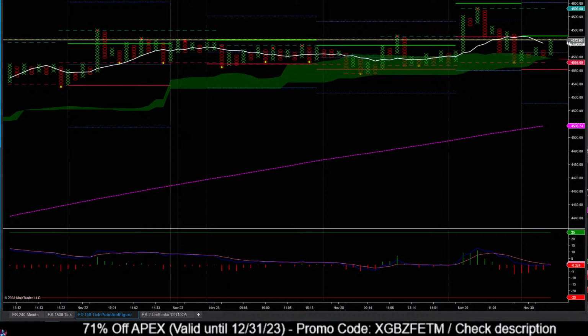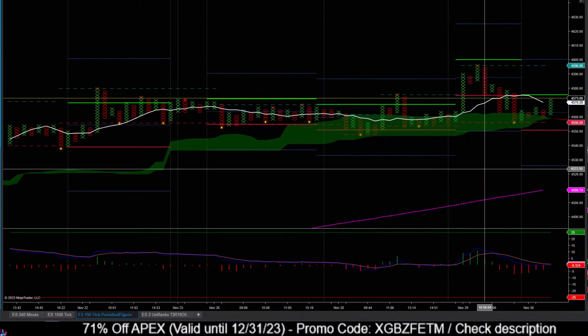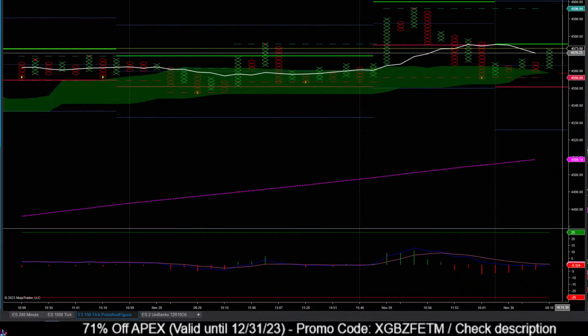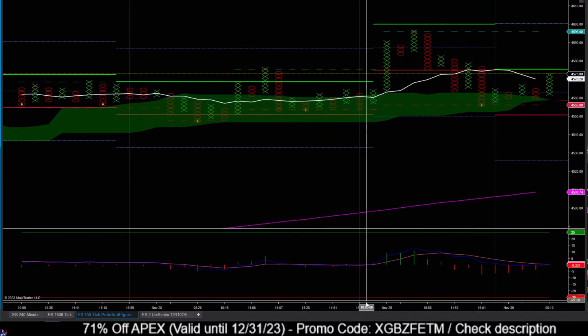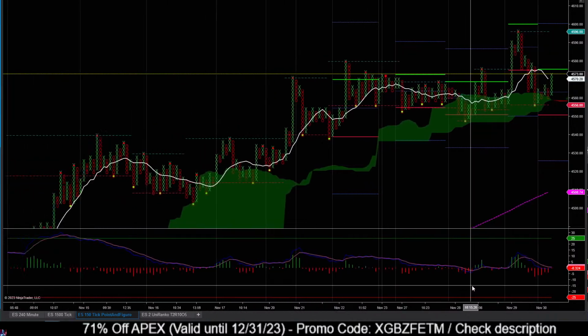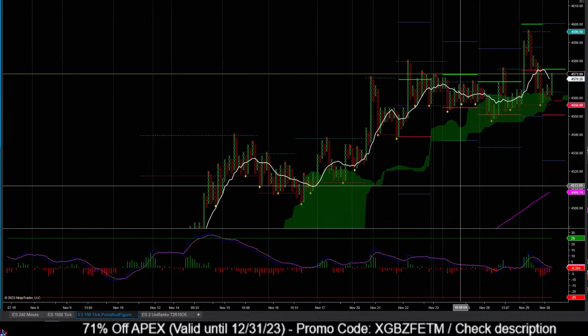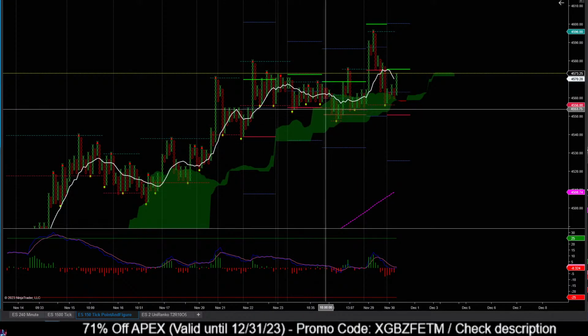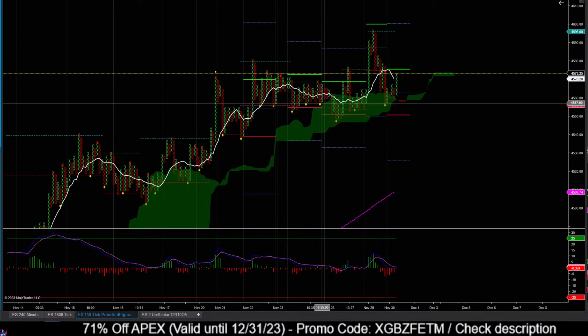Okay, so that's that, and then here we do have ES, and ES in the point and figure chart is giving me a couple of recurrent values. Now, if we move it to the left, and look at what has happened, we do have that top, this top right here. So all of these are resistance levels.